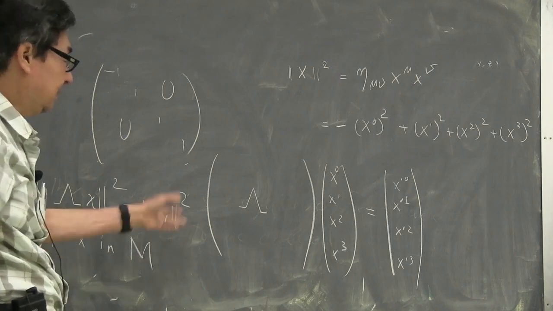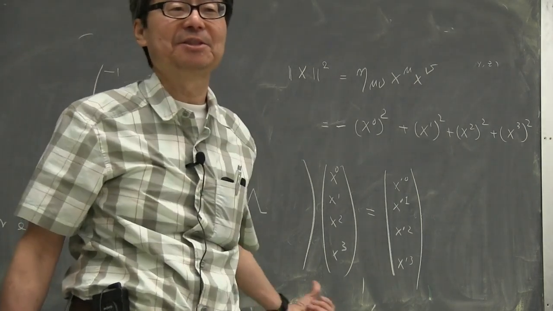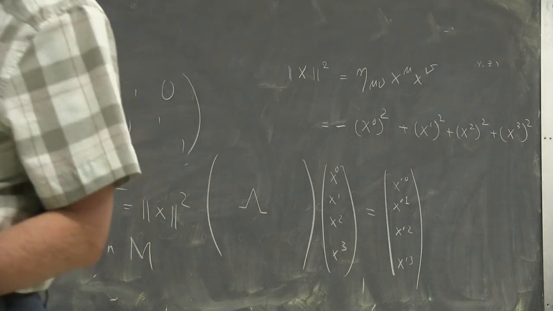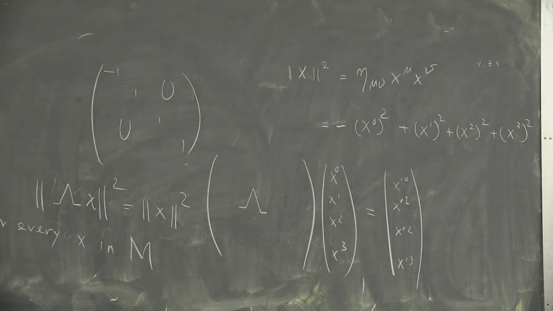And obviously there's the identity, which is just the identity 4x4 matrix. And matrix multiplication satisfies the associative rule, which is required for any multiplication in the definition of groups. Then the set of Lorentz transformations defined in this way clearly forms a group. It's called the Lorentz group.